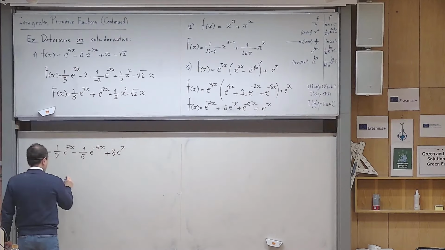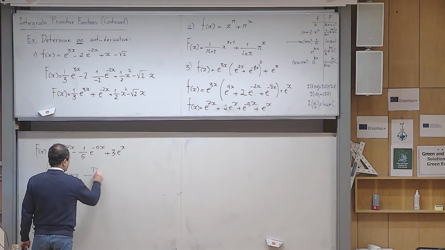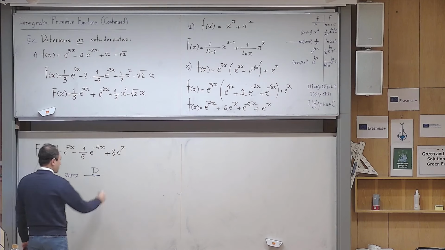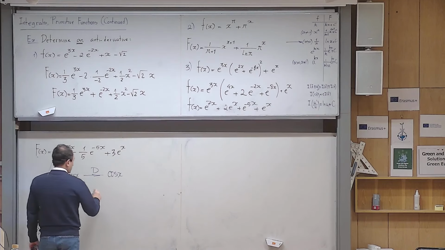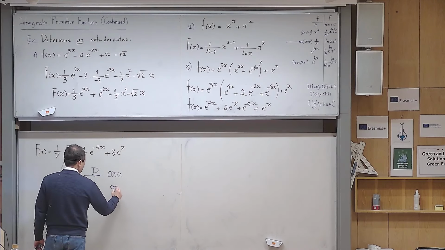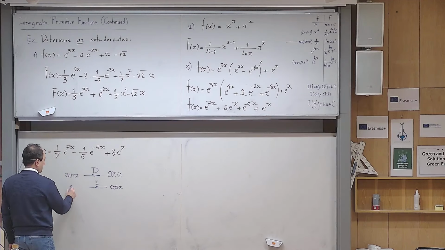If I give you sine x and I ask you to differentiate, what do you get? Cosine. Okay, but now be careful. If I give you cosine and I ask you to antiderivative, what do you get? Sine.